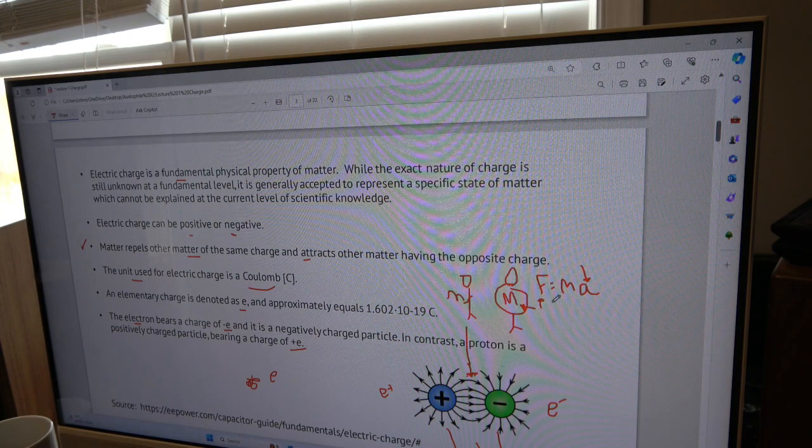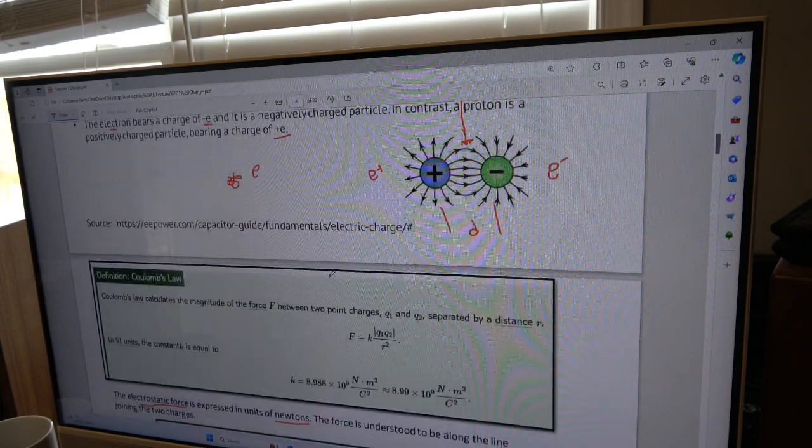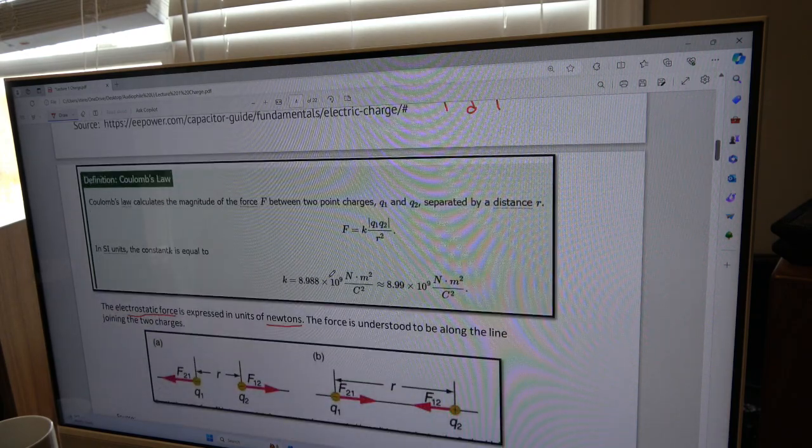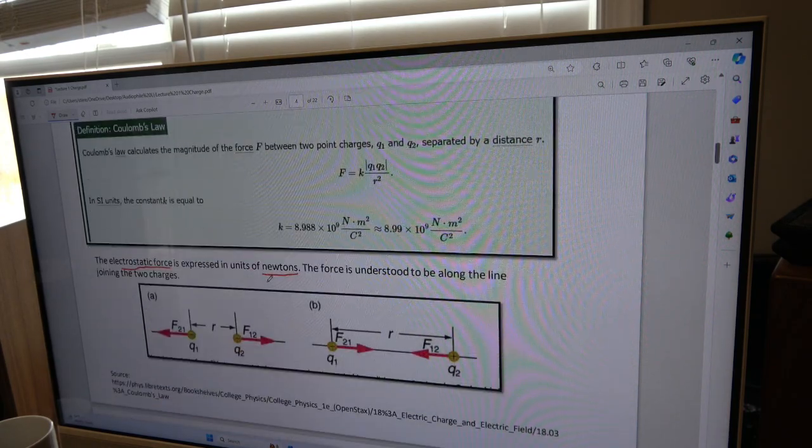When we weigh ourselves, we usually do so in the US in units of pounds, but most science is done in metric. So the electrostatic force is expressed in units of newtons, and that's just a measure of force across physics.